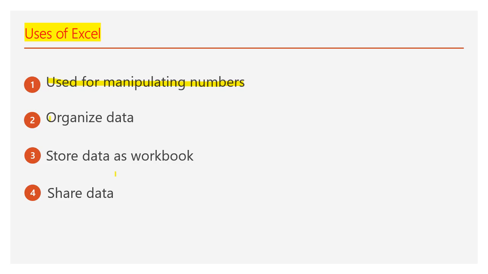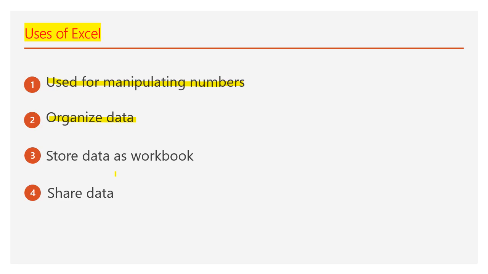Then we can organize data. Organizing data means we save our data in such a manner that later, whenever we want to use it, it can be easily available. In Microsoft Office Excel, there are many ways to organize data properly.